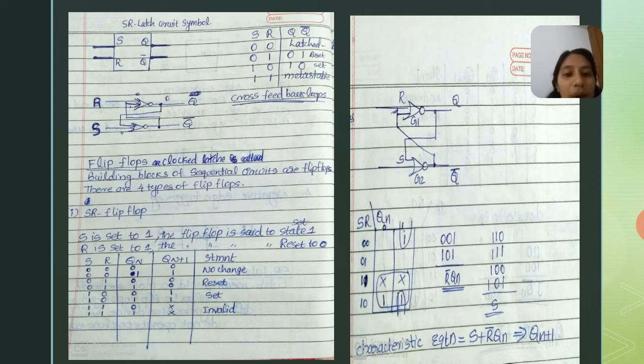Then you are providing 0 1 as input, and Qn can be 0 or 1. If you are providing 0 1 as input and 0 is the present state, then what will happen? Here the value of reset is 1. You have to do the reset operation. Here the present state is already 0, so no change has to happen, 0 will be continued.